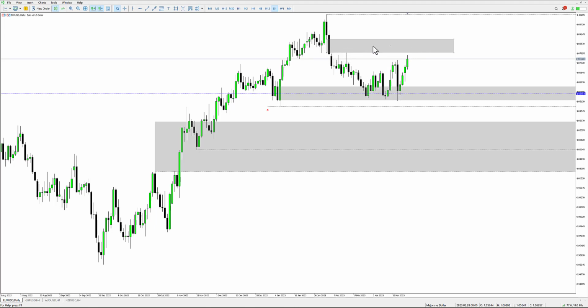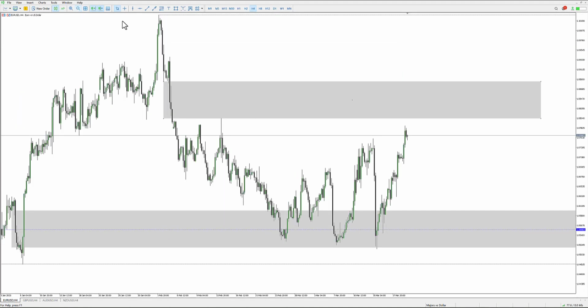You'll be targeting these areas here as your take profit targets, right? So now when you go to the H4, you can clearly see the picture of how it pans out. You see these drops here, 1 and 2, they're all dropping into discount right at the equilibrium point of our daily bullish order block, and then price rallies.